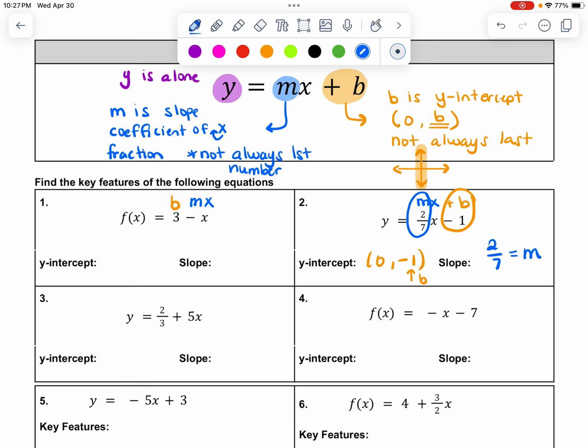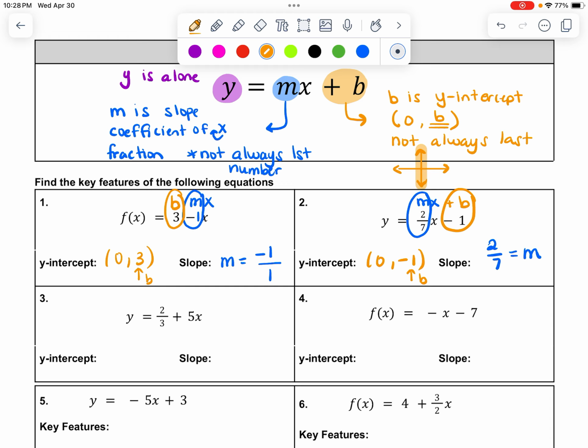Now you might be thinking, what number is before x? We need to remember that if there's no number, it's always a -1. So my slope would be -1, and I'm going to make that a fraction by putting it over 1. The b is 3, so my y-intercept is 0, 3.